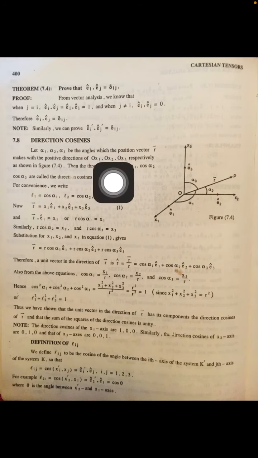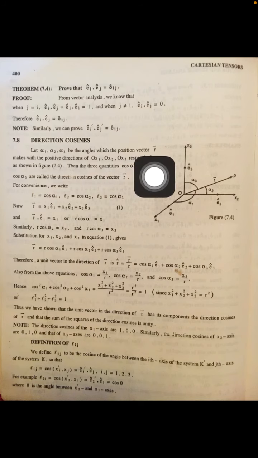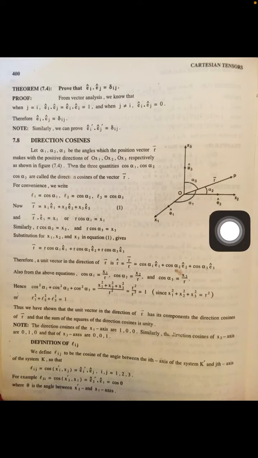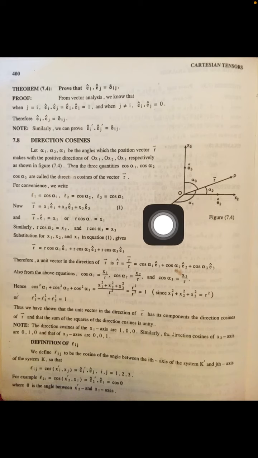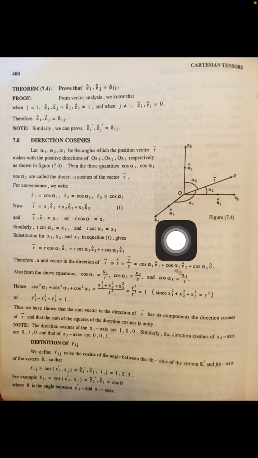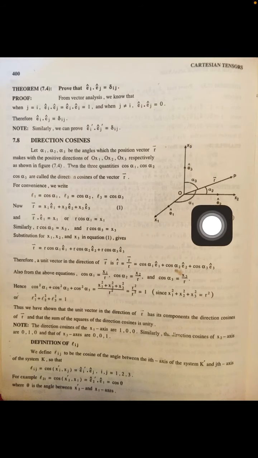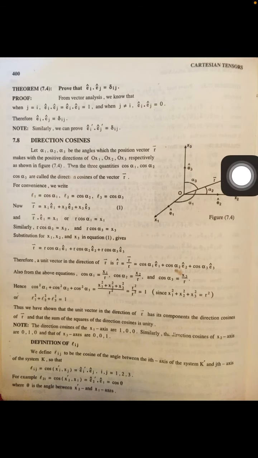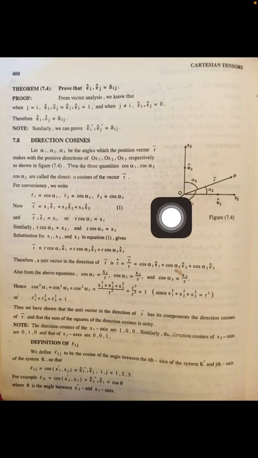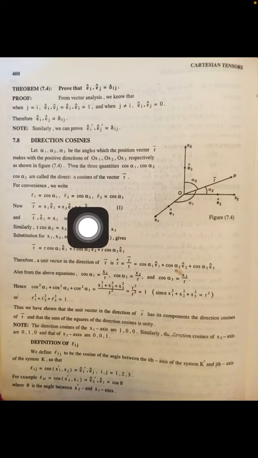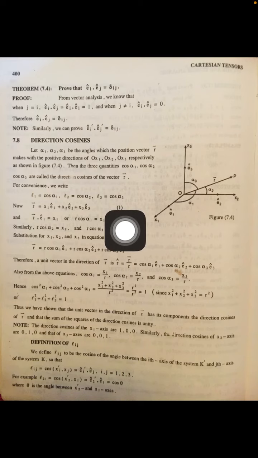So these are the angles of the position vector r with the positive directions of ox1, ox2 and ox3. Here there are three quantities, cos of alpha 1, cos of alpha 2 and cos of alpha 3, and these three quantities are called the direction cosines of this vector r. For convenience I can write L1 equals cos alpha 1, L2 equals cos alpha 2, and L3 equals cos alpha 3.